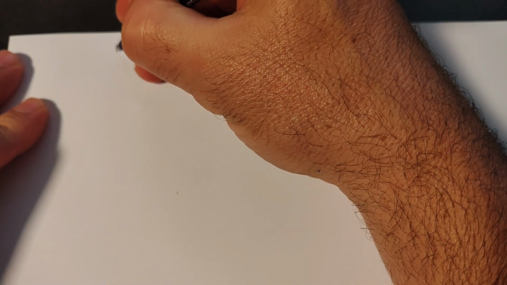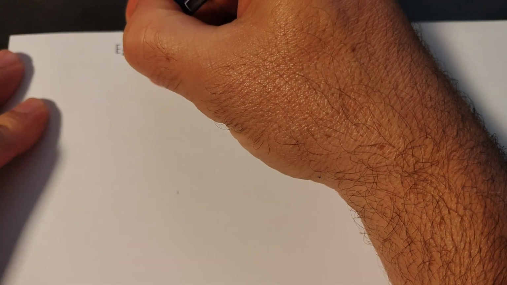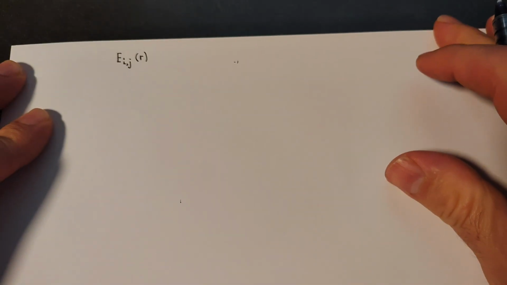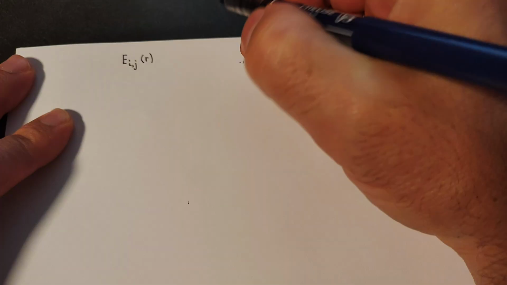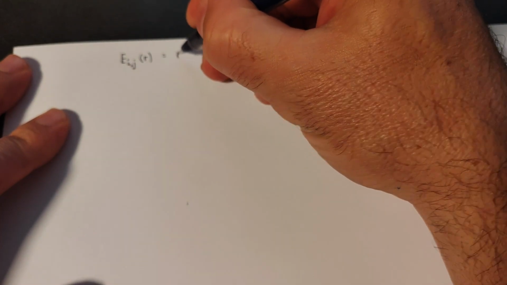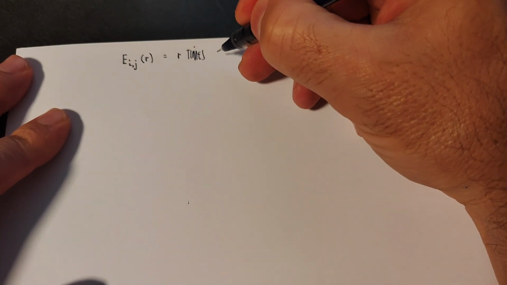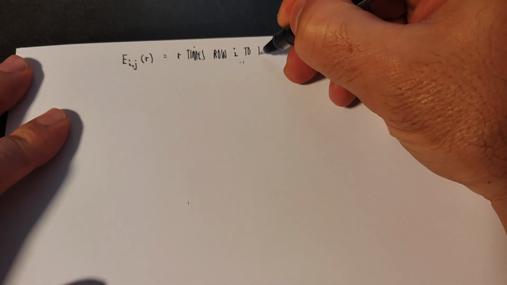All right, so let's describe the notation of these things here. So we have E i,j of r. That elementary matrix is going to add r times row i to row j.